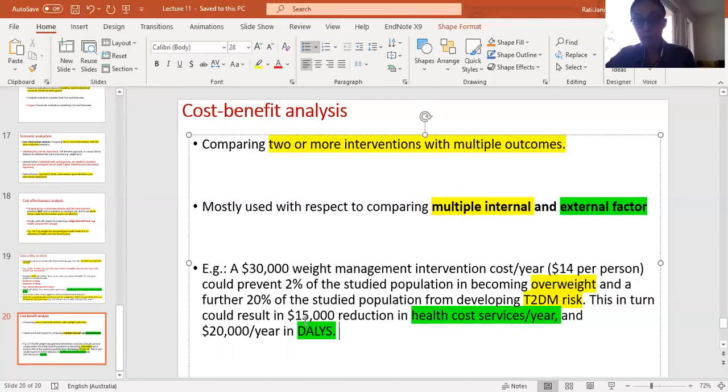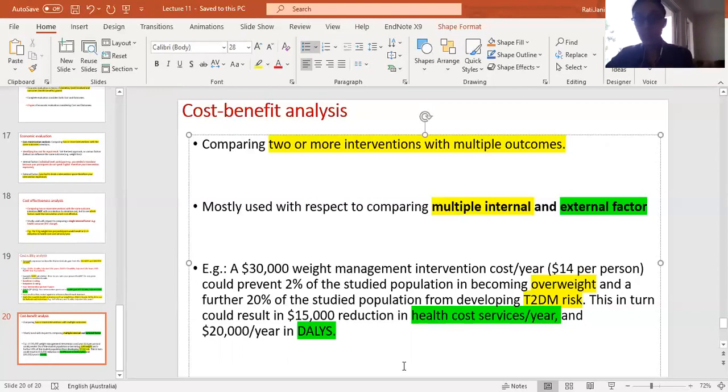All right, and a further 20% of your study population have a reduced risk of developing type 2 diabetes. So if you do this, say, weight management intervention, 2% of the population will have a reduced risk of becoming overweight and obese. 20% of the population will have a reduced risk of developing type 2 diabetes.